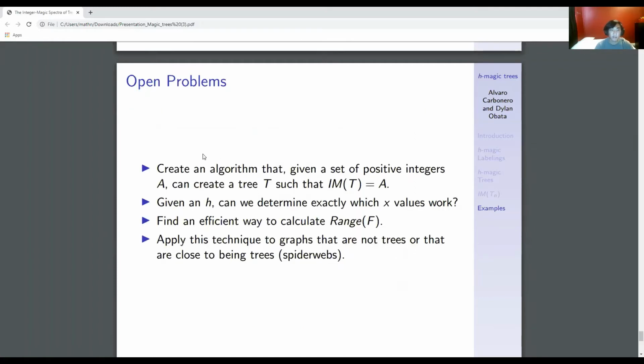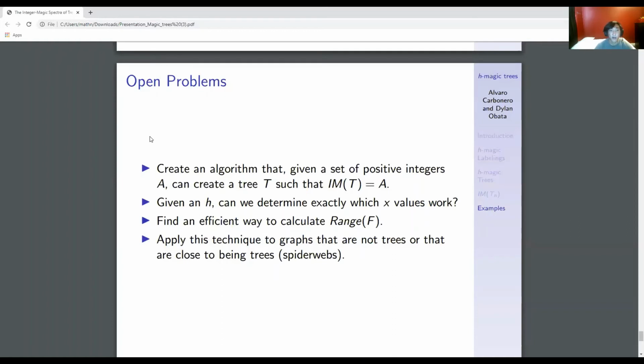Finally, we'd like to leave you guys with some open problems we considered. The first one being to create an algorithm that, given a set of positive integers A, see if you can construct a tree satisfying the integer magic spectrum of that tree being equal to A. The second one being given an H, can you determine exactly which X value works?